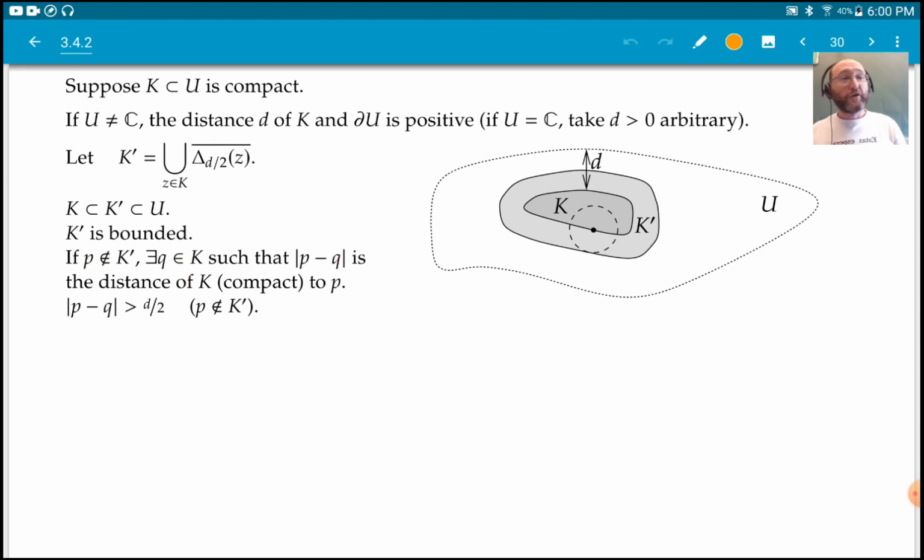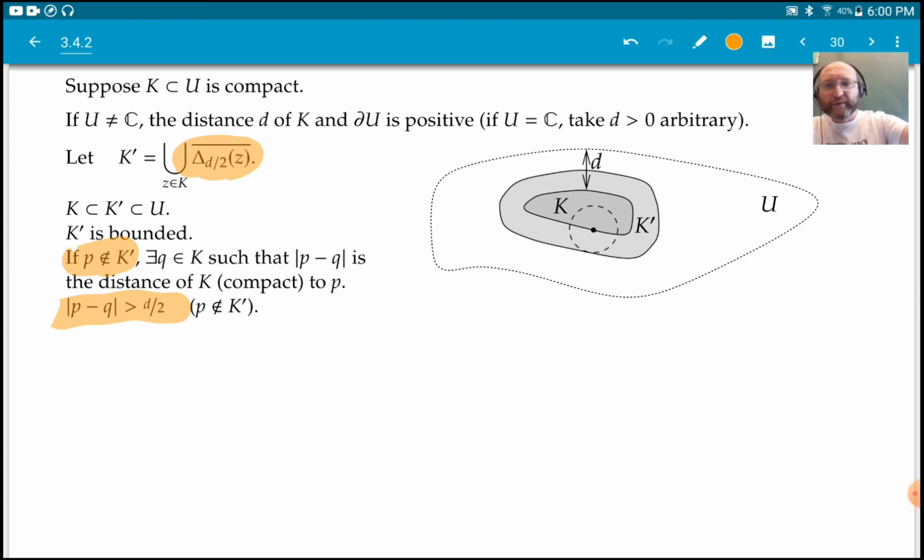Now, because P is not in K prime, this distance must be bigger than D over 2, because if it was less than or equal to, then we would be in one of these disks. And we're not, right? We're not in K prime.